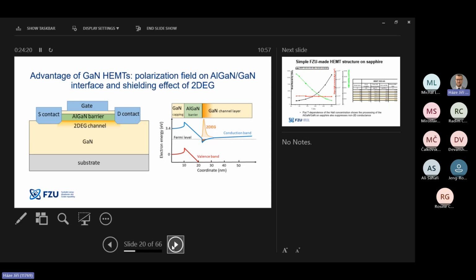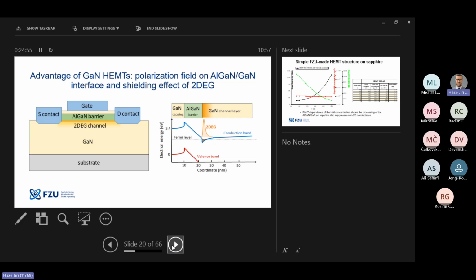In the polar direction, at the AlGaN/GaN interface, on the lower interface of the AlGaN barrier, there is an electric field which causes this part of the conduction band to go under the Fermi level, and it is filled by electrons. We get a two-dimensional electron gas with quite high carrier concentration, which is typically 10 to the 13th per square centimeter.